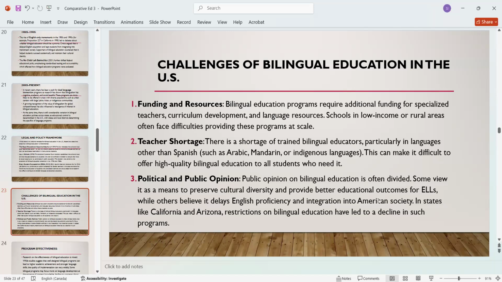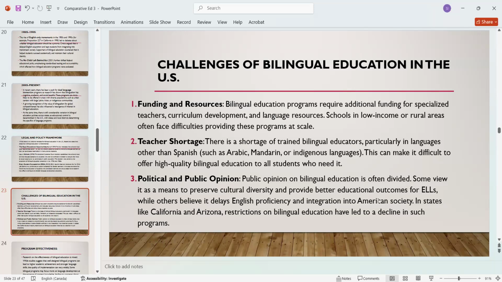The same with Sri Lanka also, right? I think the World Bank funded for that. Schools in low-income or rural areas often face difficulties providing this program at scale, right? So the discrimination is always coming to the rural area schools.